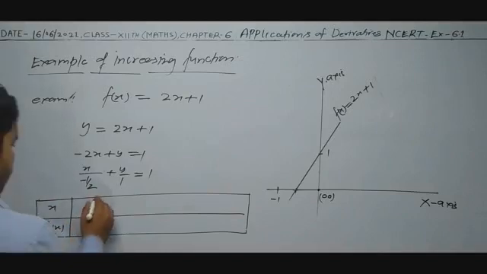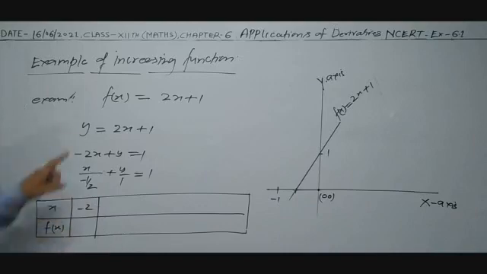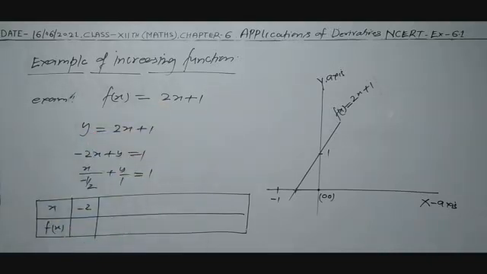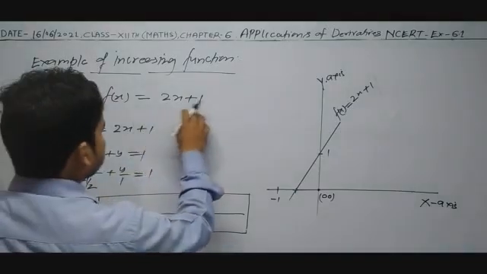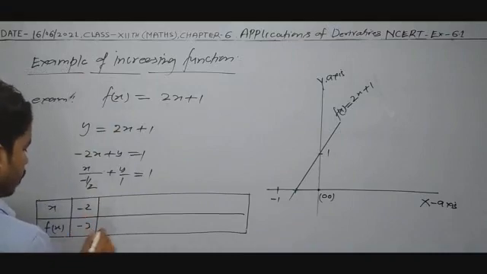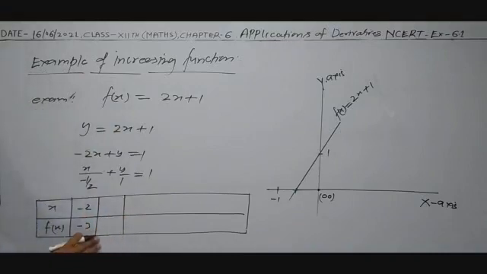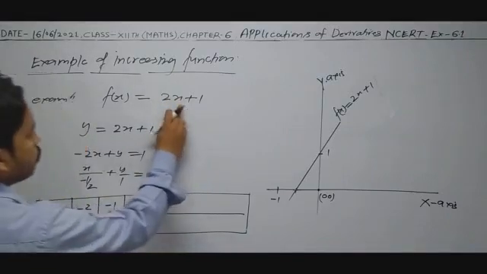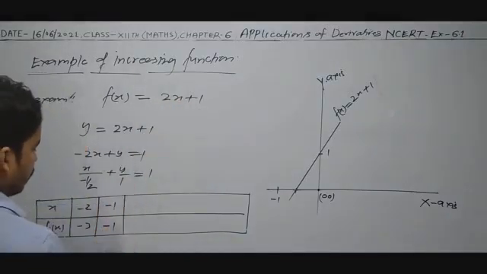Suppose x is equal to minus 2, then at the place of x you put minus 2 and you get the result minus 3. Suppose I have taken x equal to minus 1, so at the place of x I put minus 1, so minus 2 plus 1, result is minus 1.